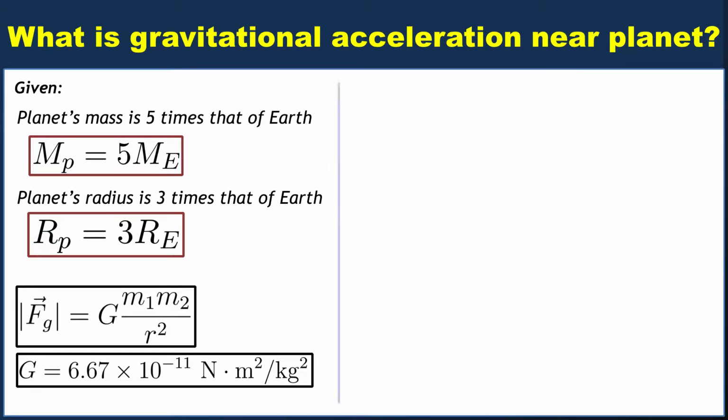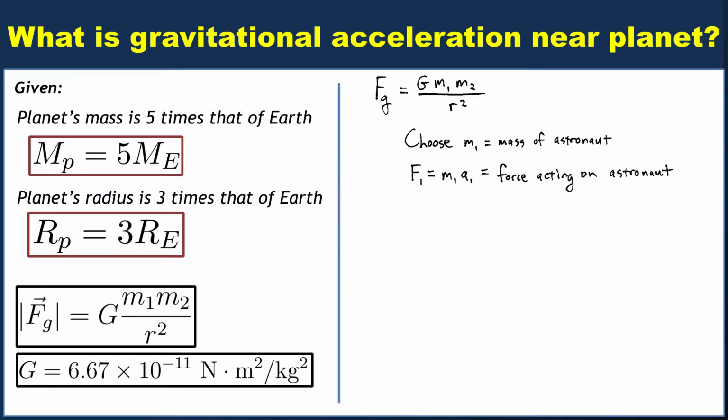Let's start with the law of universal gravitation, and we need to decide which object corresponds to m1 and which corresponds to m2. I'm going to choose m1 to be the mass of the astronaut. So if we want to write down the force acting on the astronaut, namely the gravitational force of the planet acting on the astronaut, I'll label that F1, and from Newton's second law of motion, F1 should be m1 times a1, where a1 would be the acceleration of the astronaut if they were near, but not quite to, the surface of the planet.